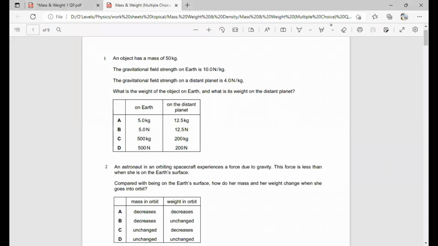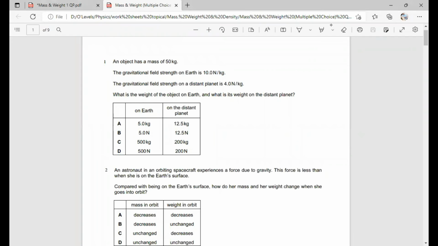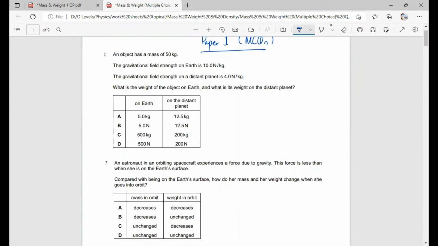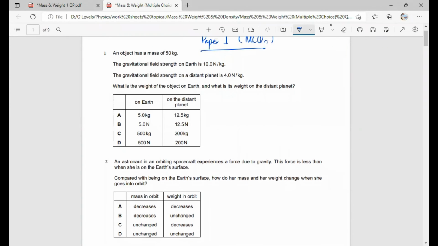Now a few MCQs. This is paper 1 MCQs. An object has mass 50 kilogram and the gravitational field strength on Earth is 10. Gravitational field strength is exactly the gravity value. The gravitational field strength on a distant planet is 4.